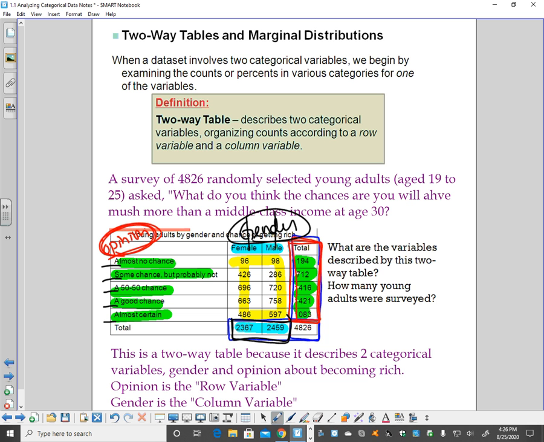So a marginal distribution isolates one of the variables in a two-way table, where a two-way table contains two variables. So this two-way table contains two variables, gender and opinion. And everything that's highlighted in yellow is the data that fits both of those variables. It's separated by both variables. The marginal distribution isolates one of the variables. So that's the green and the blue.